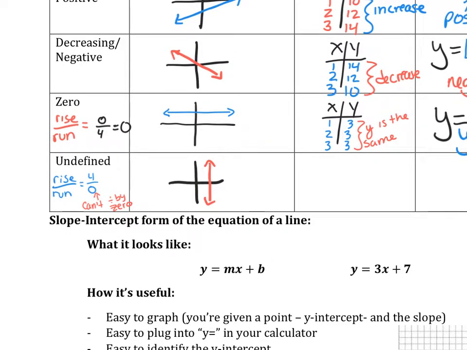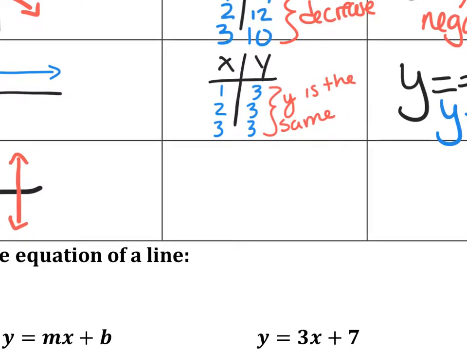So with a vertical line, our line has the same x value for everything as it goes up and down. So in a table, all the x values would be the same as the y values change.